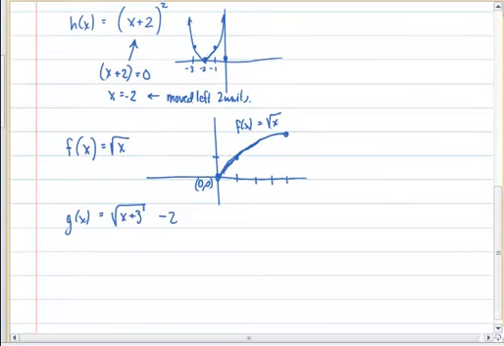I'll just label this in red, and it would move down 2 units, and this is saying that it would move left 3 units, because when you take x plus 3 and set that equal to 0, you get x equals negative 3. So on my graph, I'm going to just mark out 3 tick marks, and all these points are going to move 3 units to the left, and I'm going to move down 2 units.